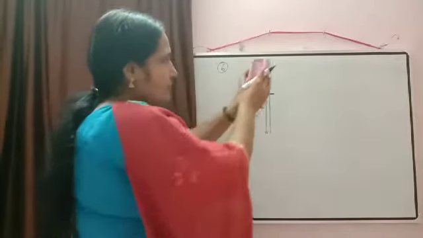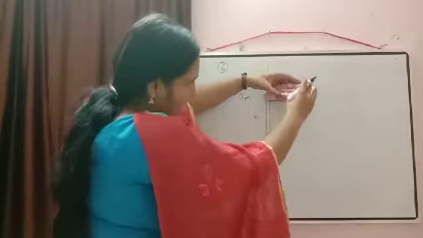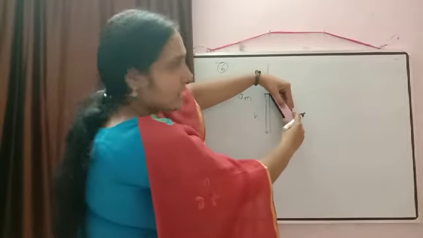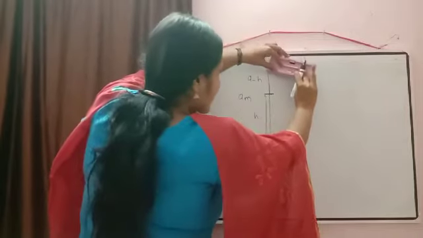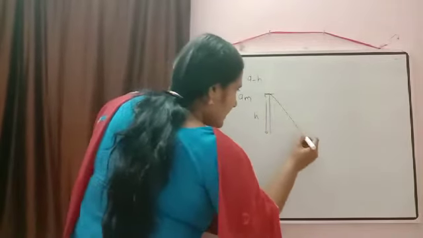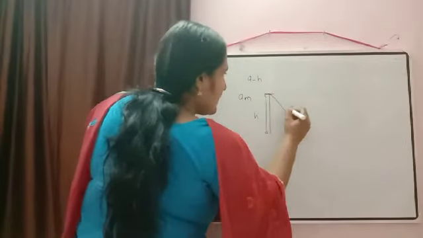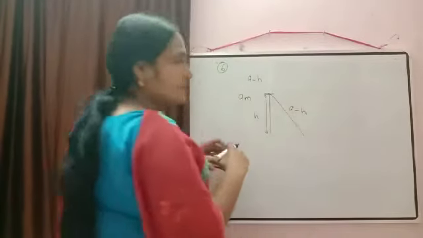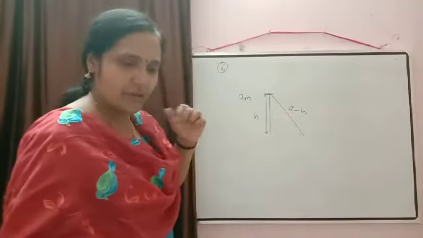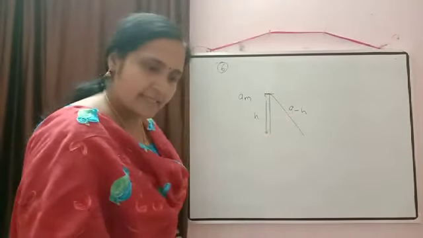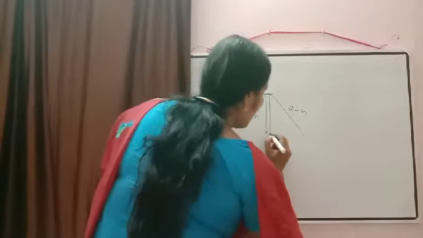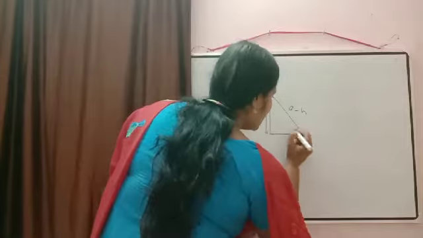Now this part is broken, not separated, and its top touches the ground. So I am shifting this one here in this way. It touches the ground. What is the length we have taken here? 9 minus h. That's why I explained it there, otherwise confusion will come. It meets the ground at an angle of 30 degrees.